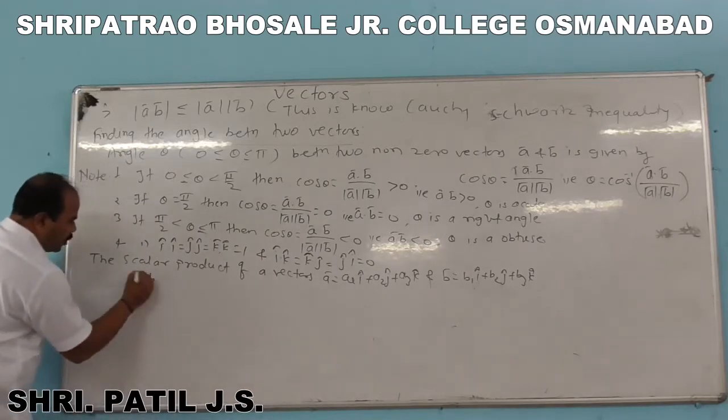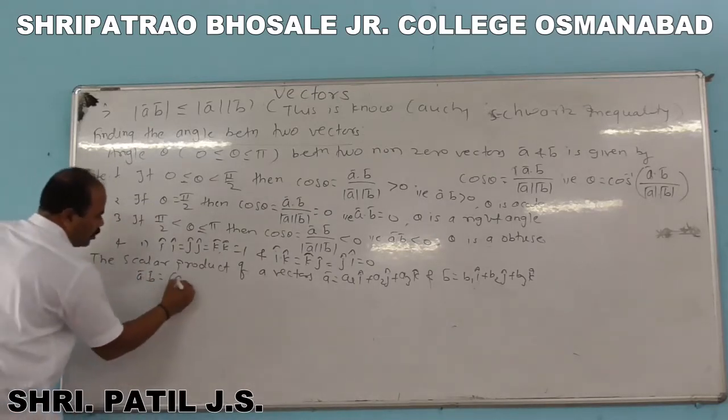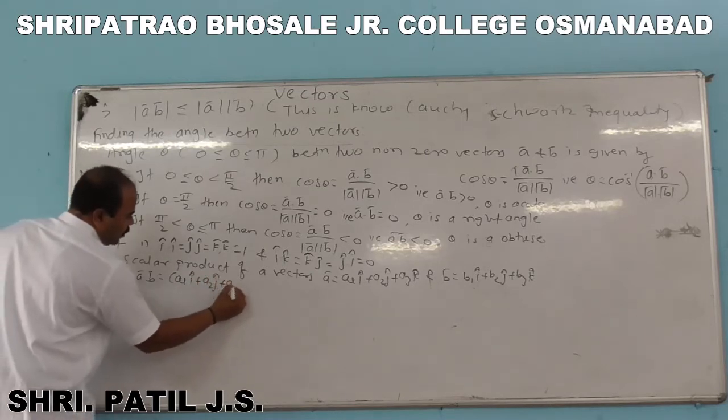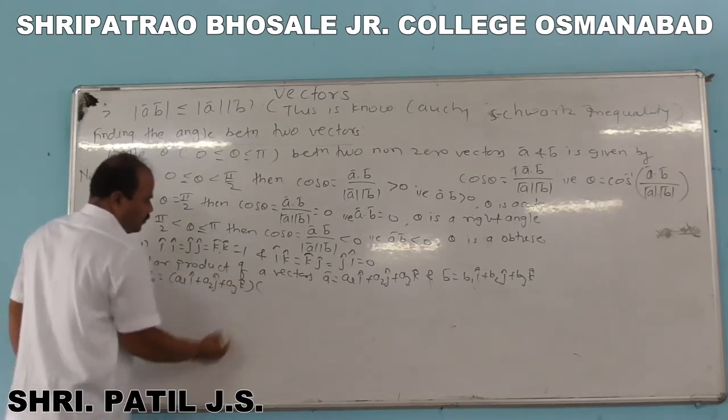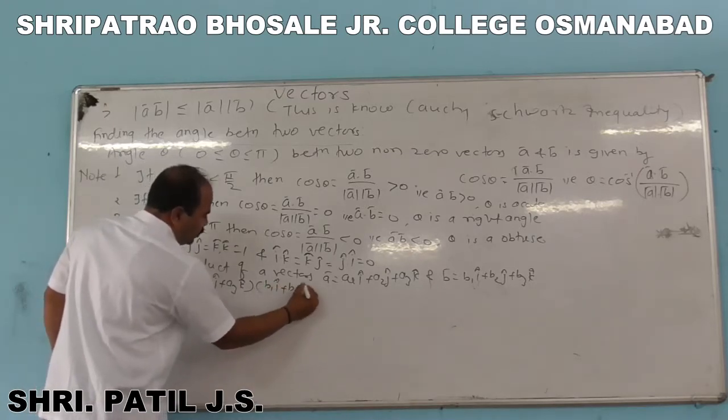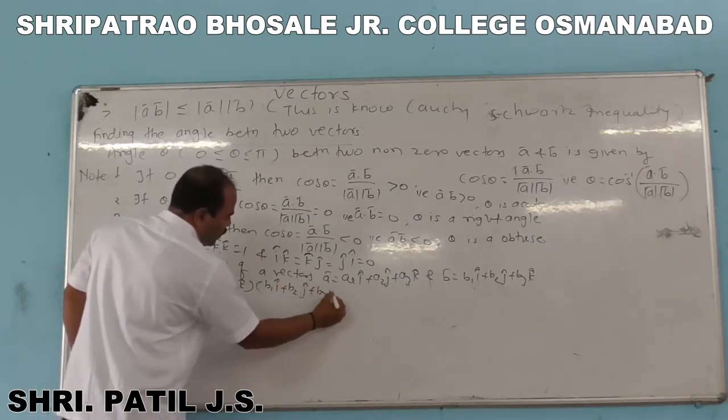Therefore, A bar dot B bar equal to (A1 i cap plus A2 j cap plus A3 k cap) dot (B1 i cap plus B2 j cap plus B3 k cap).